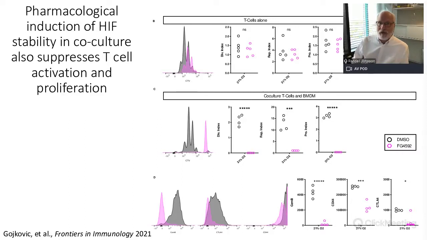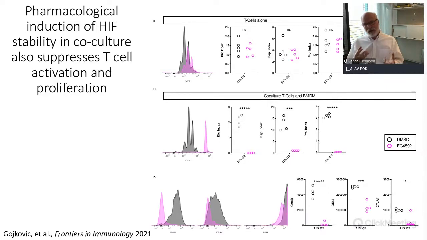When we use this prolyl hydroxylase inhibitor, as you can see in the upper panel, this doesn't affect T cell proliferation much at all in T cells that have been induced to proliferate on their own. However, when we co-culture those again now with macrophages, the incubation with the HIF-inducing prolyl hydroxylase inhibitor causes a very profound suppression of T cell proliferation.